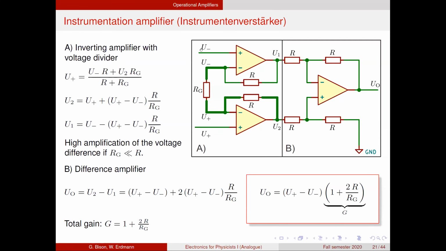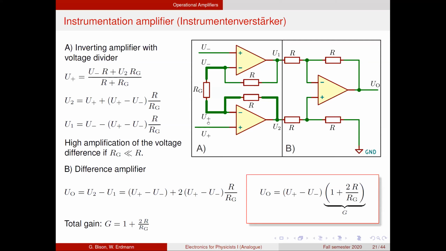And I've already done this by identifying this is the minus input voltage. And since these two have the same potential, we find the minus input voltage also at this junction here. The same is true for the plus input voltage that you can see here. And because these two are the same, you find the plus input voltage also here.